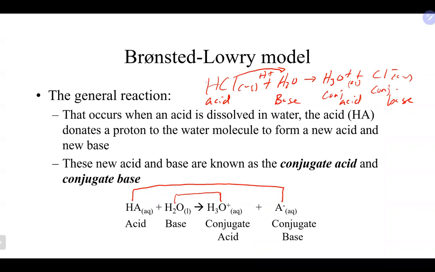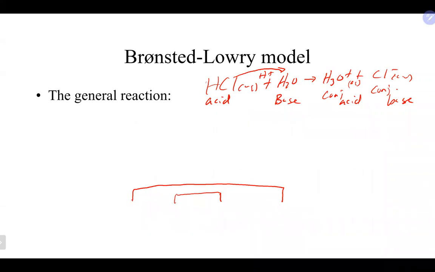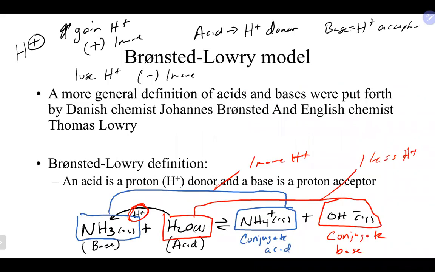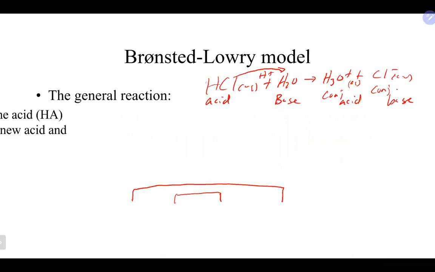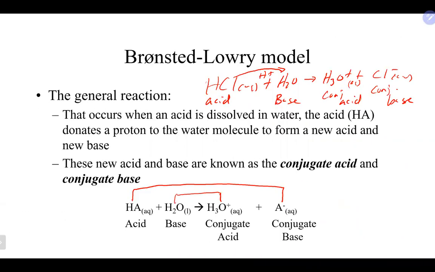What we just saw with water in both of those reactions is, in the first reaction, water was acting as an acid. In this reaction that we just looked at, water is acting as a base.